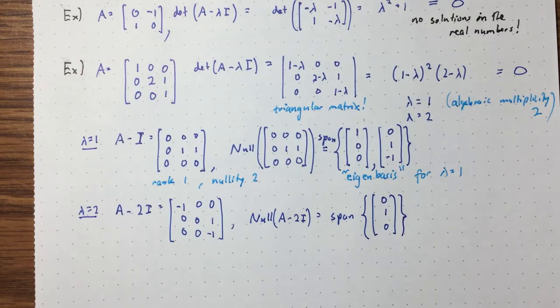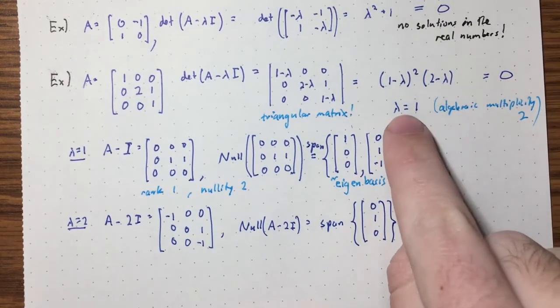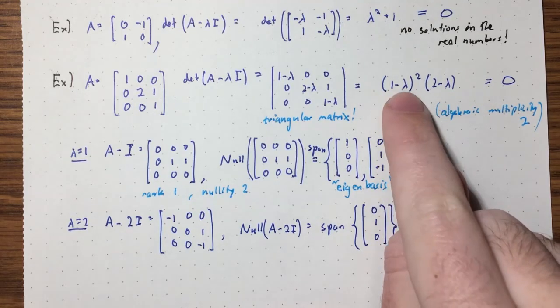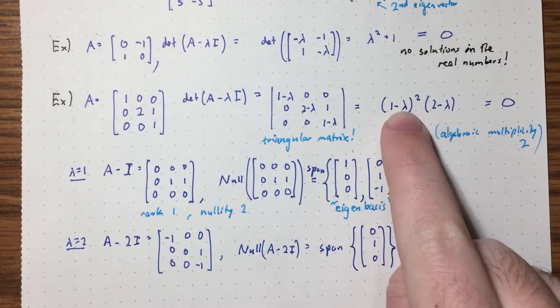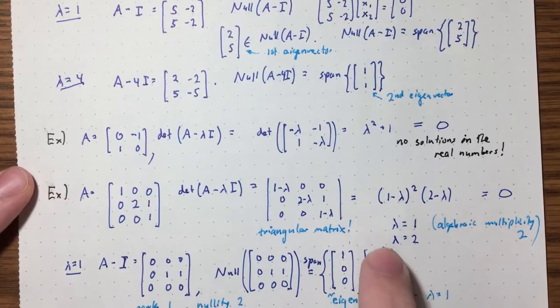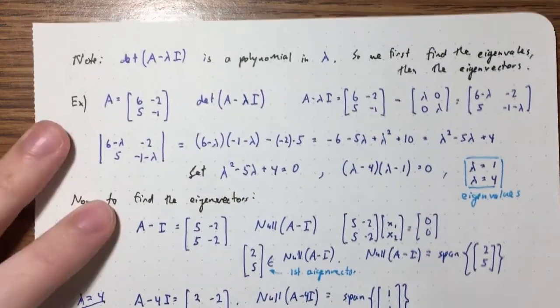So what's going on here? There's something interesting going on here. This eigenvalue, lambda equals 1, appeared twice as a root of the characteristic polynomial. Did I ever introduce that word, characteristic polynomial? I should do that.